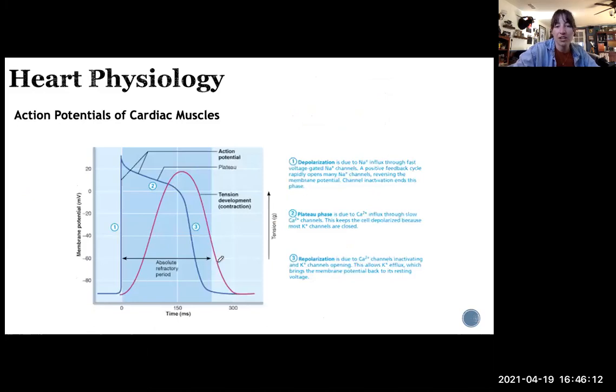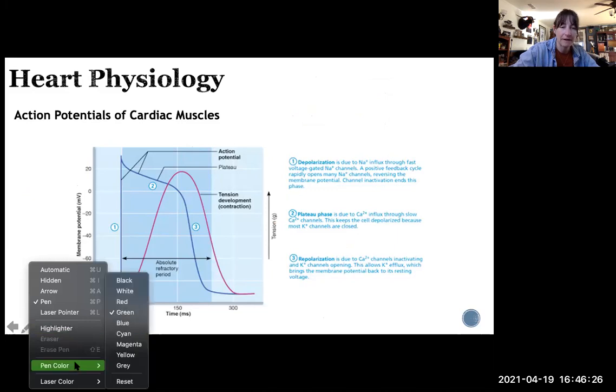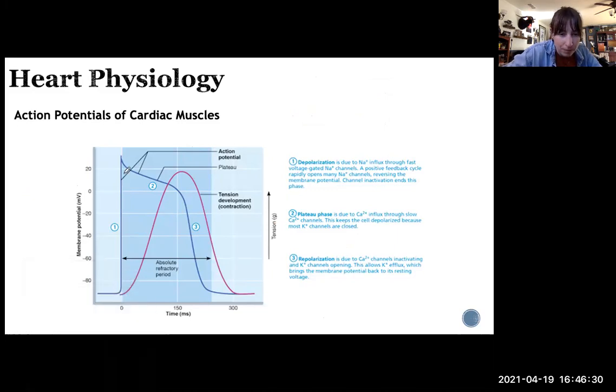Here's another graphic illustration of a single action potential. Again, membrane potential on the y-axis, milliseconds on the x-axis. Let me change my pen color here. We've got the depolarization happening really, really fast.